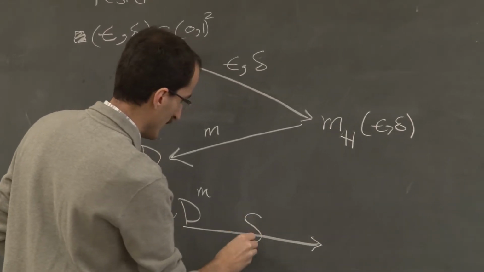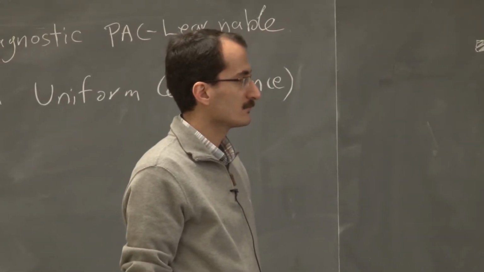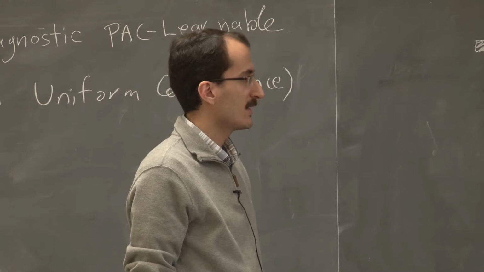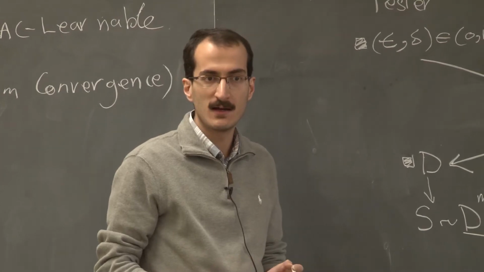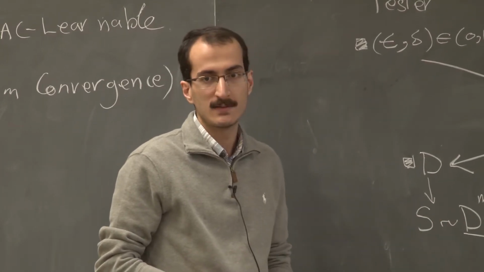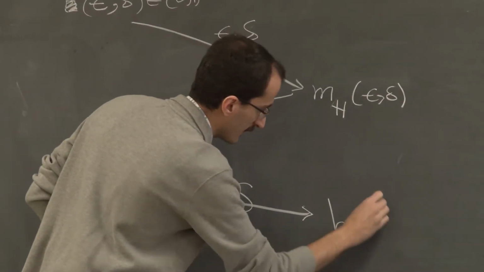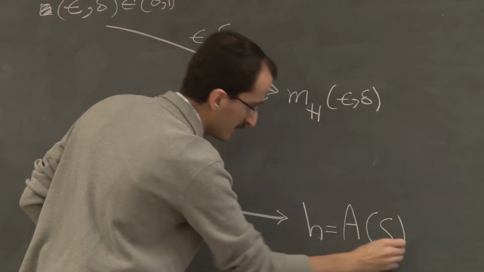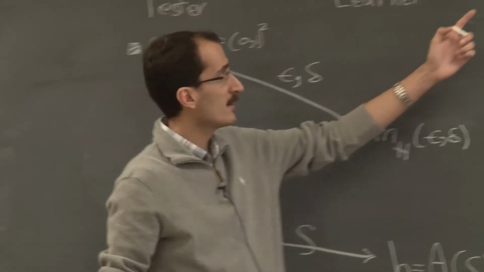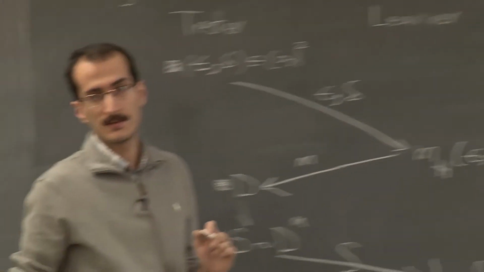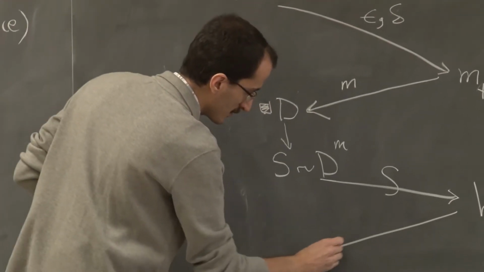So S is given to the learner. Now, the learner should have some algorithm to output some hypothesis based on the examples that he has seen. So assume that we have some algorithm here that takes the sample and outputs one hypothesis, usually one in the hypothesis class. And then says, OK, that's my choice.